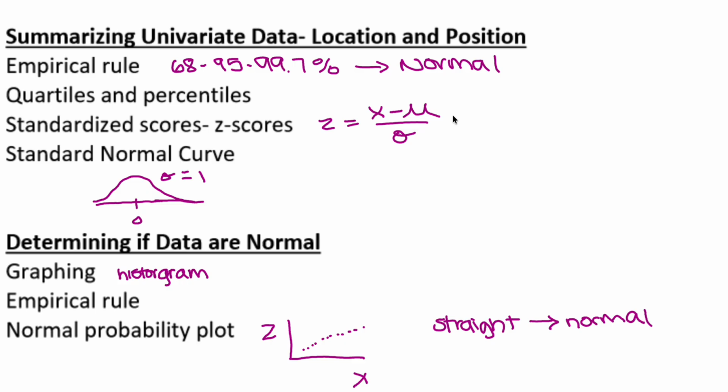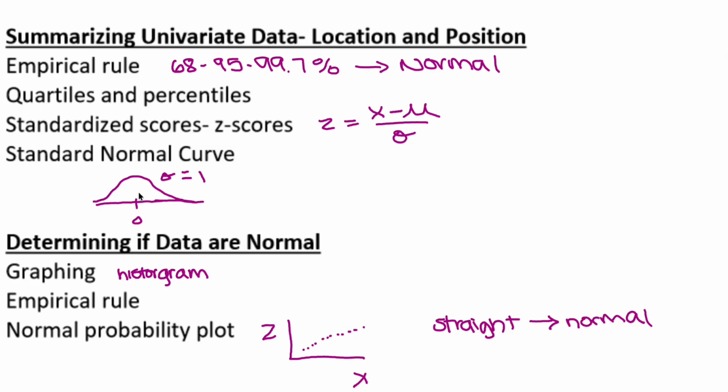So you will use that x value, put it into the formula, and get the z-score. On the standard normal curve, you label the mean as 0 and the standard deviation as 1, but again, this is just a standard normal curve.